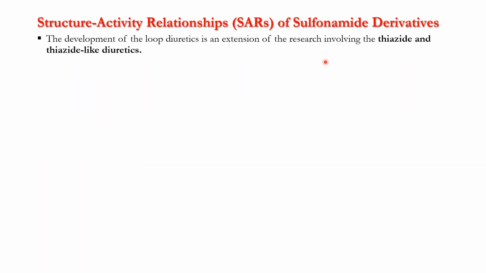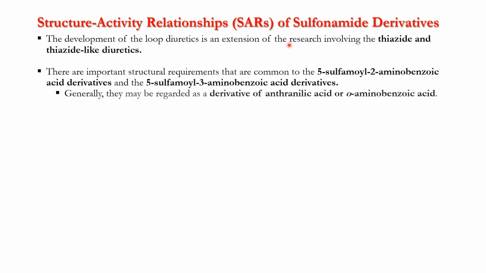Now let's see the structure-activity relationships of sulfonamide derivatives. The development of the loop diuretics is an extension of the research that involves the thiazide and thiazide-like diuretics. So there are important structural requirements that are considered common for the sulfonamide derivatives to act as loop diuretics.